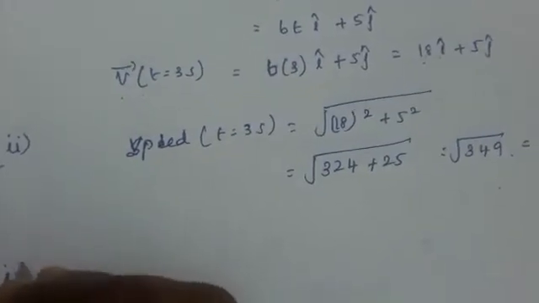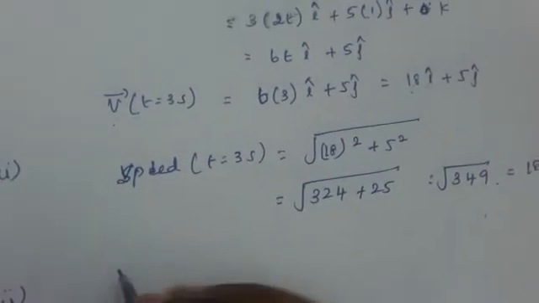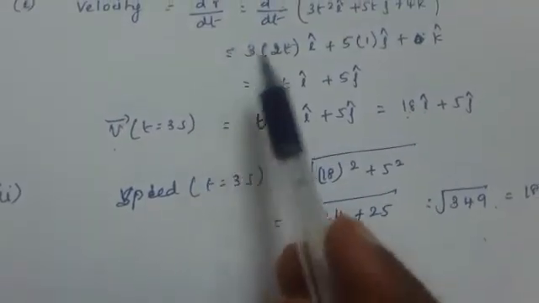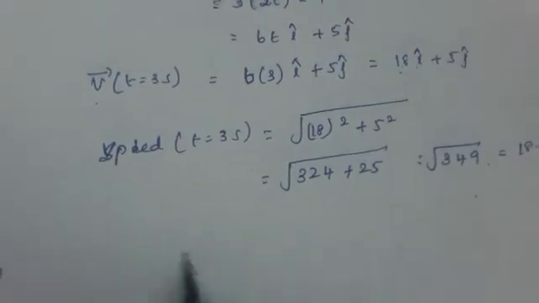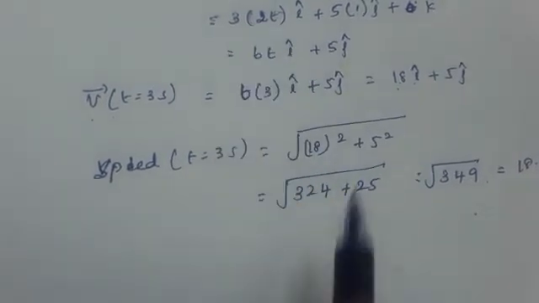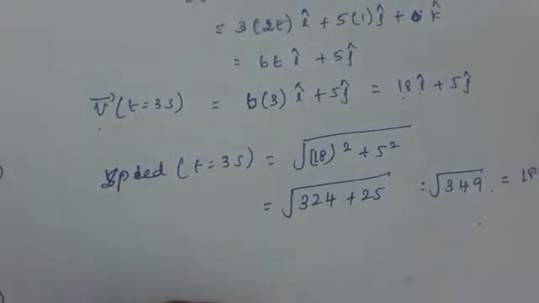Now the third part of the problem is we have to find out the acceleration at t is equal to 3 seconds. The first derivative of the position vector is velocity. The second derivative of the position vector is acceleration.